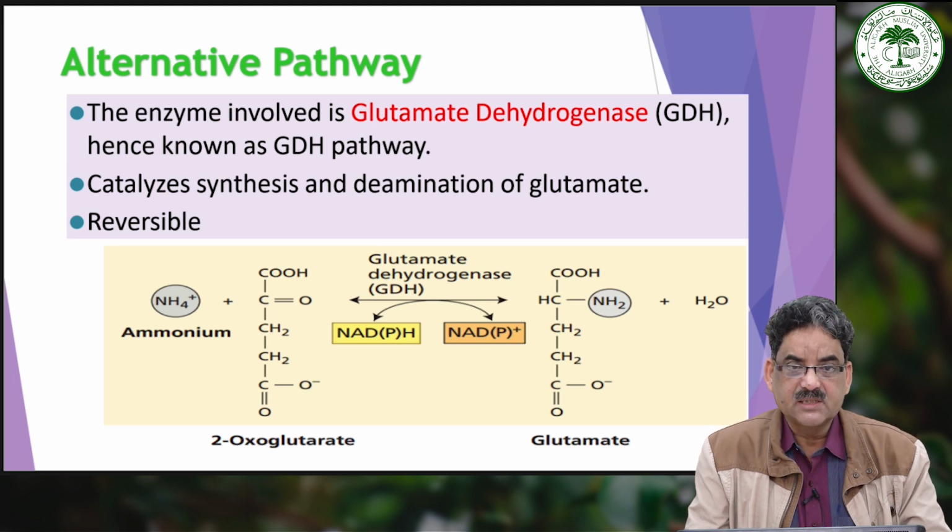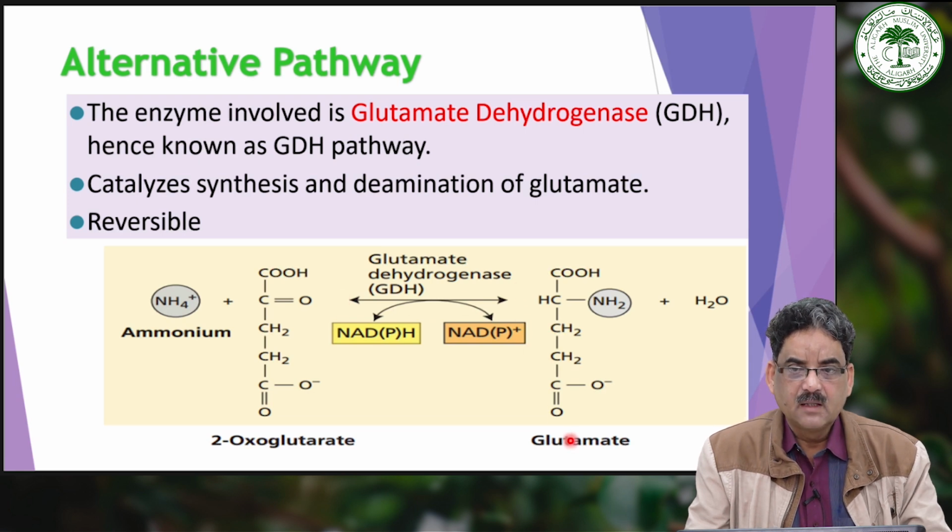The enzyme responsible for this process is glutamate dehydrogenase, which facilitates the conversion of ammonia in the form of ammonium ions and alpha ketoglutarate into glutamate. So, this reaction is basically a reversible reaction.